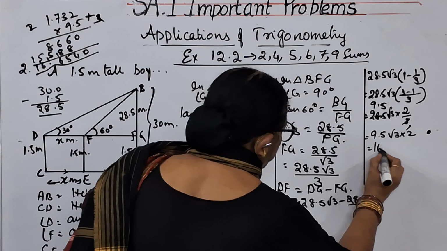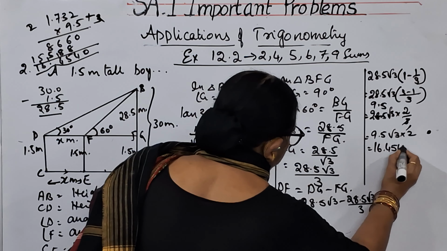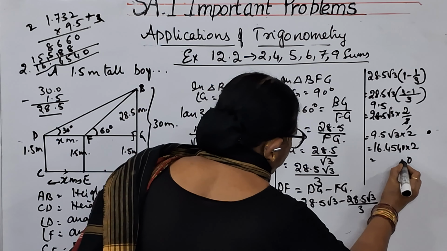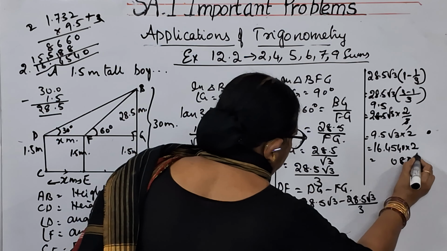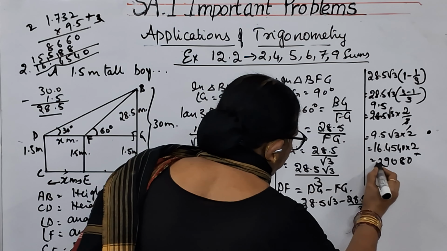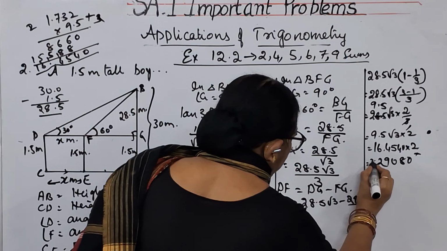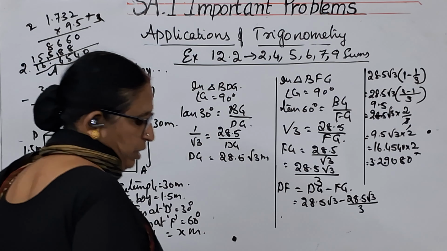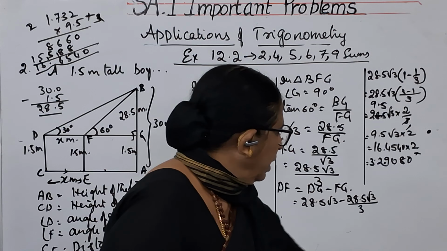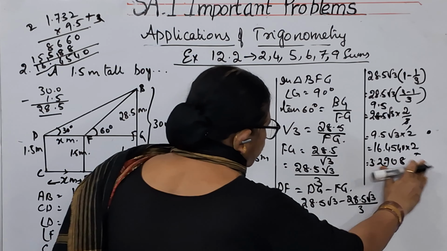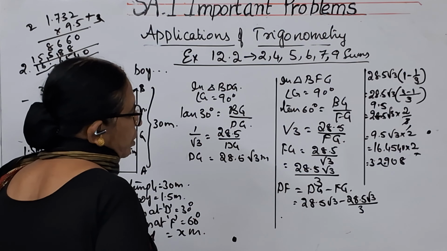So 16.4540 into 2 is 32.908 meters. 32 point, that 0 has no value, so I am removing.